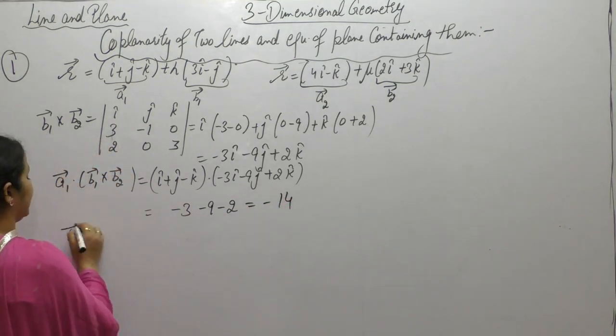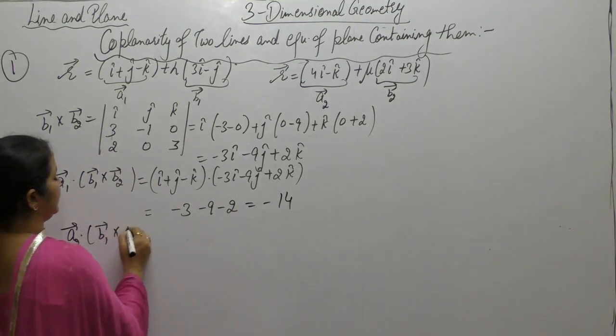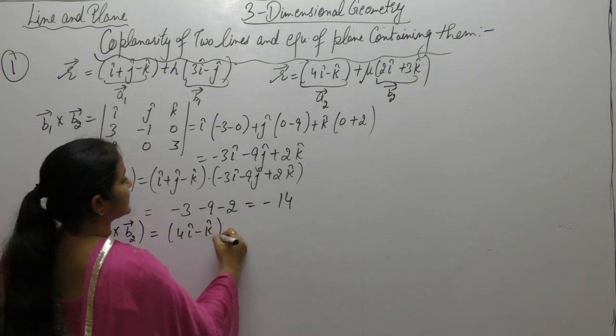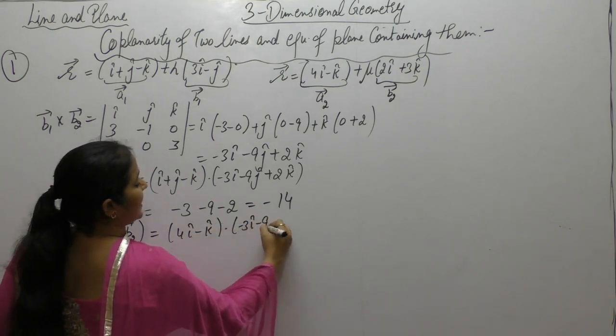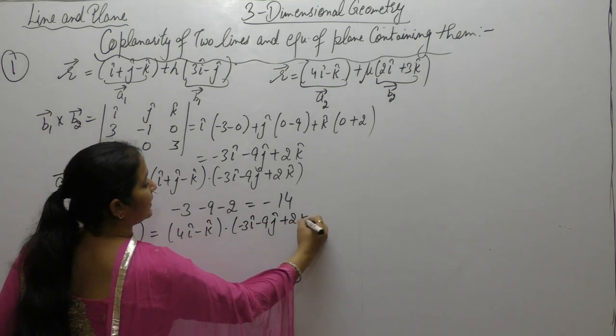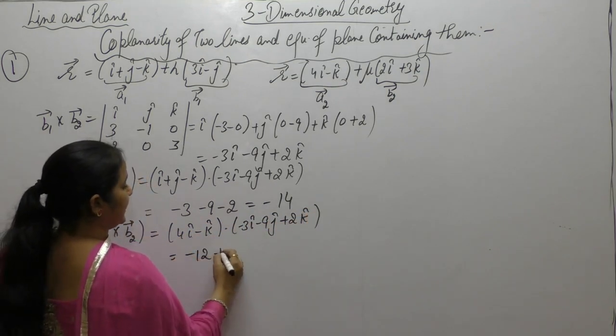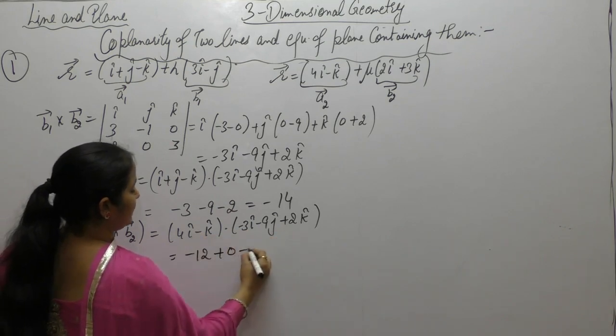Now a2 vector dot b1 cross b2. a2 vector has the value 4i minus k, dotted with minus 3i minus 9j plus 2k. 4 into minus 3, j is 0, minus 1 into 2.